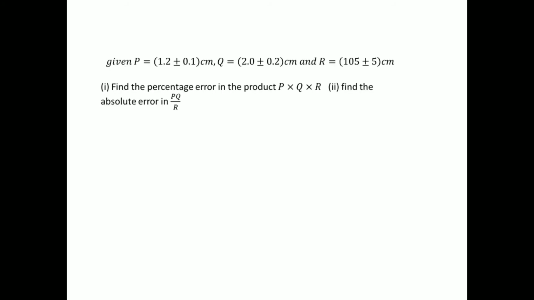Let's see an example. Here it says given that P equals 1.2 plus or minus, the same question we solved earlier, we should find the percentage error in P times Q times R. So for us to find percentage error, remember our formula for percentage error. Percentage error is the relative error, that means dy over y, multiplied by 100.